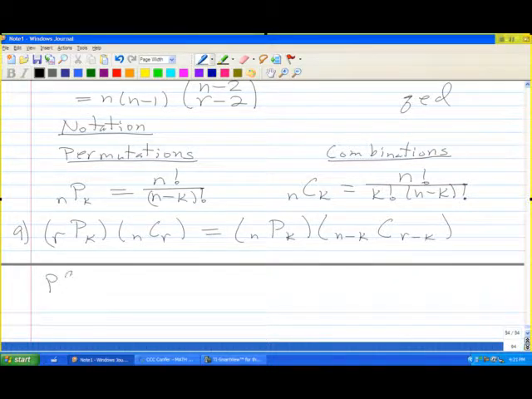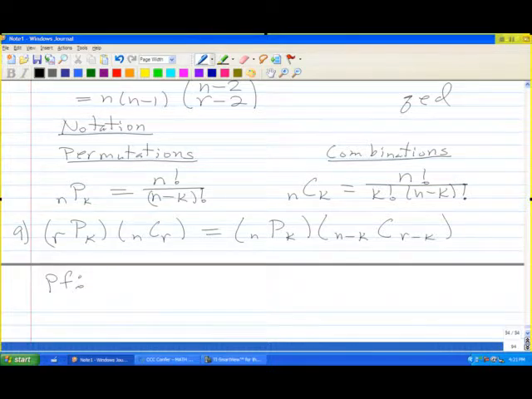Okay, so let's prove this. And it's basically going to work the same way that we did it previously. It's just that now I want something slightly different, but it should work sort of the same.